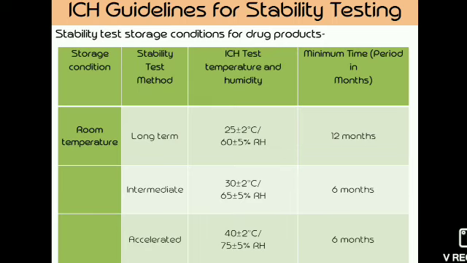Second is the intermediate, where the drug product is stored at 30 plus minus 2 degrees Celsius for 65 plus minus 5% relative humidity for 6 months. Next is the accelerated, where the drug product is stored at 40 plus minus 2 degrees Celsius for 75 plus minus 5% relative humidity for about 6 months.